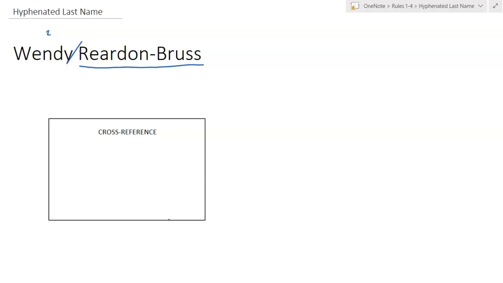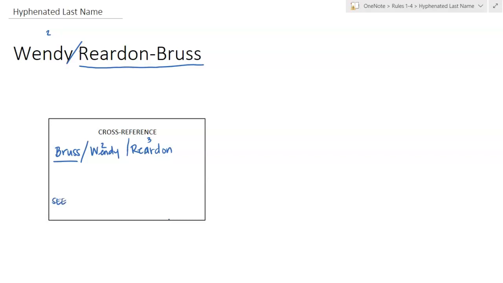When I create my cross-reference card, I'm going to use the second surname as my key unit, which is Bruss, and then her first name, and then the first half of her original last name. So Bruss, Wendy, Reardon. Bruss is my key unit, Wendy is unit 2, and Reardon is unit 3.